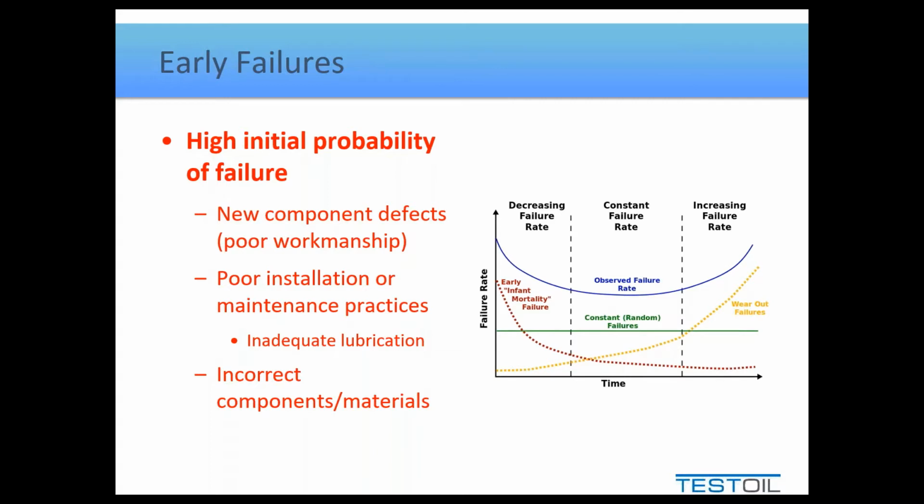You put a brand new part in and it fails, you immediately think there's something wrong with the part. Often it's actually something wrong with how you installed it or how you commissioned it, how you got it up and running to begin with. But essentially, the infant mortality curve is just saying, if you can get over that initial start, the probability of failure should go down and, like I said, never return.